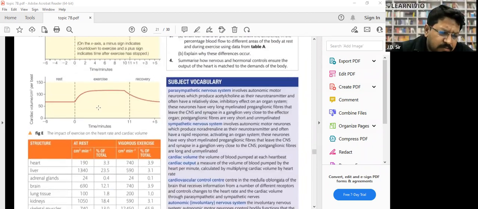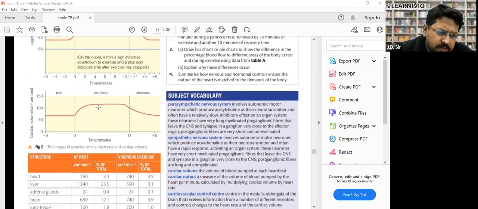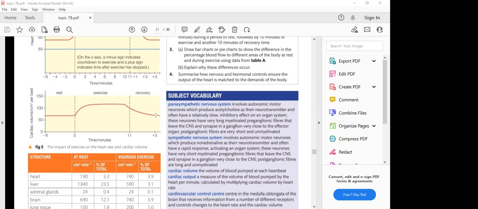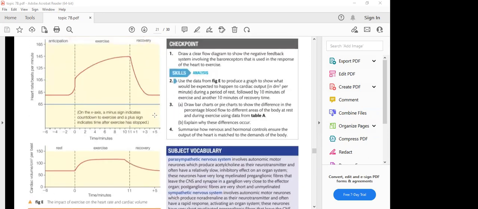You may get that. Look at the rest time, that is 72, normal. When you exercise, it increases, till 100 or 110, right? When we take rest, again it comes down. Simple. There is nothing much more science.